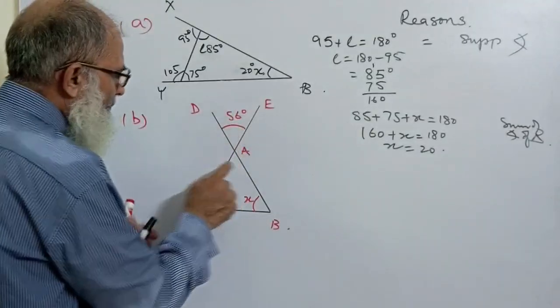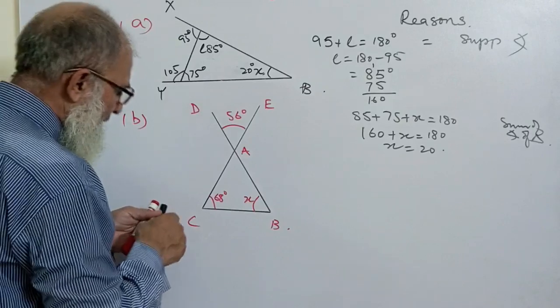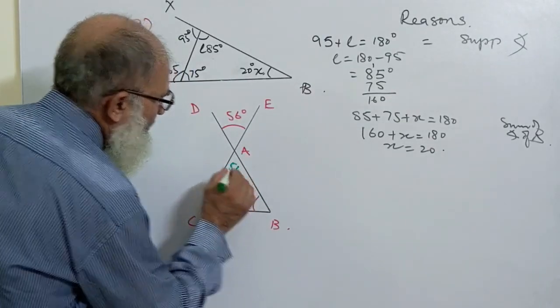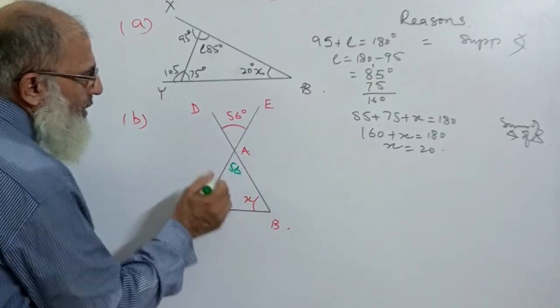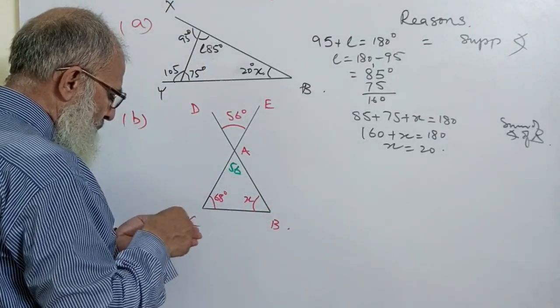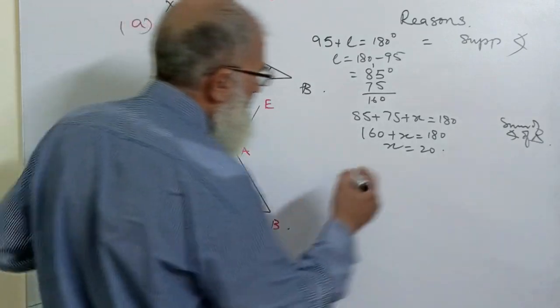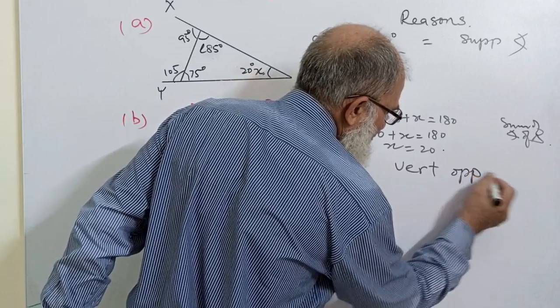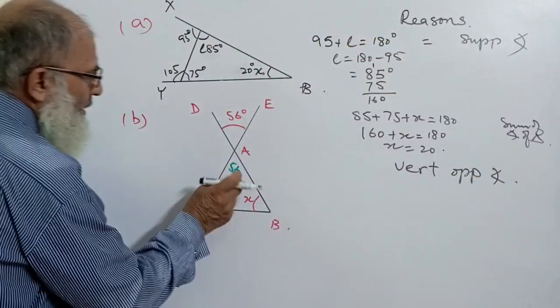So this is a vertically opposite angle and it will become 56 degree automatically. Now you can write that the reason is vertically opposite angles, for this 56.